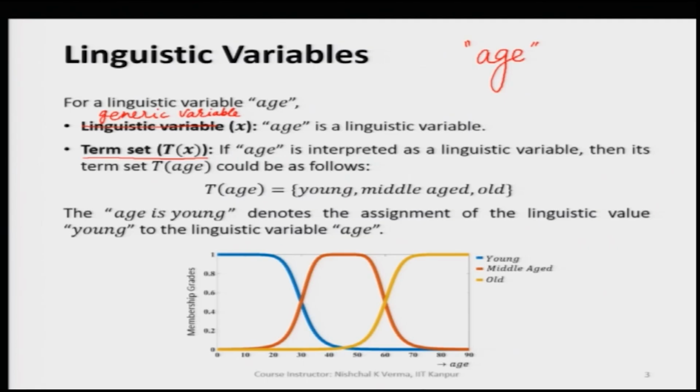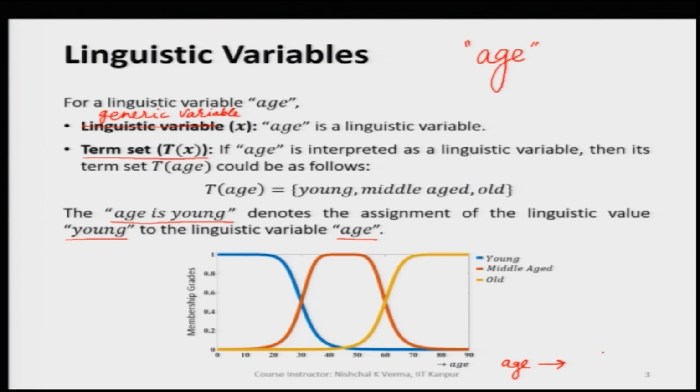So, if we have a linguistic term like age is young, this will denote the assignment of the linguistic value young to the linguistic variable age. The linguistic variable, as I have mentioned, if we have age as the linguistic variable, is normally represented in terms of the generic variable x.